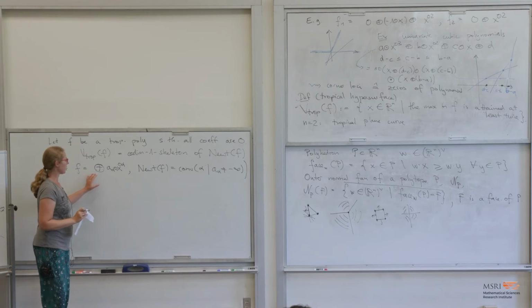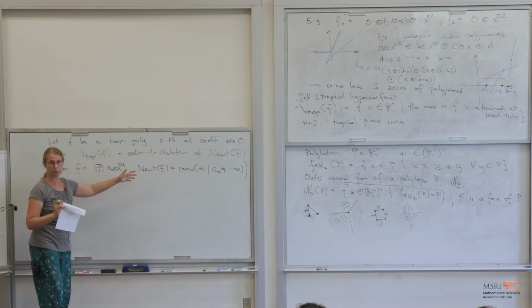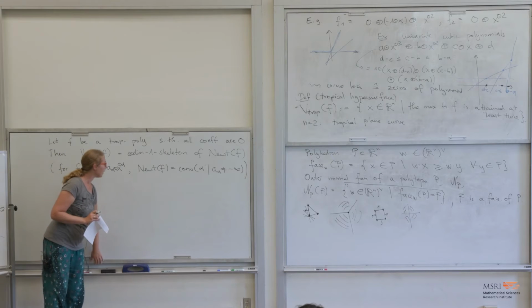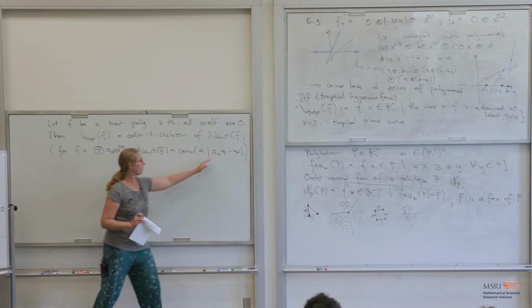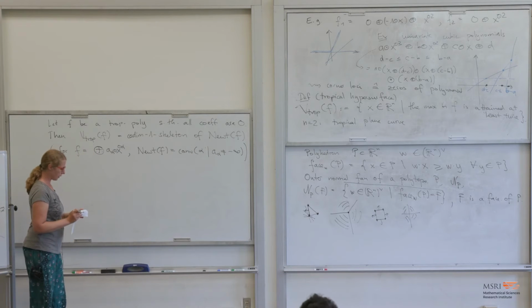Okay, and of course, the analogous notation also exists for classical polynomials. We also have Newton polytopes for normal polynomials, and it's just the same thing. You only use a alpha not equal to 0 then, because you want only terms which exist.